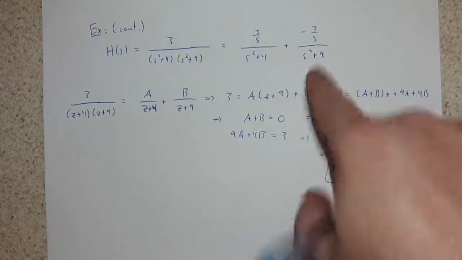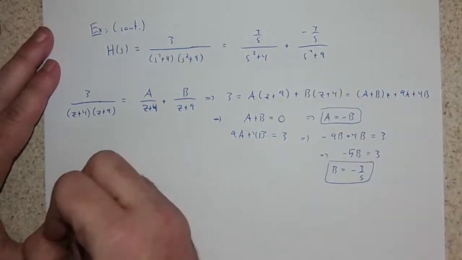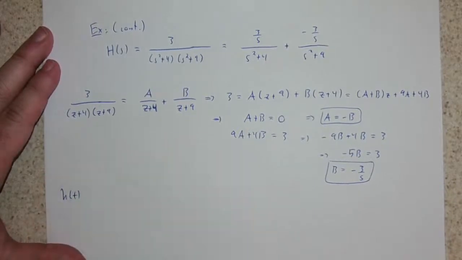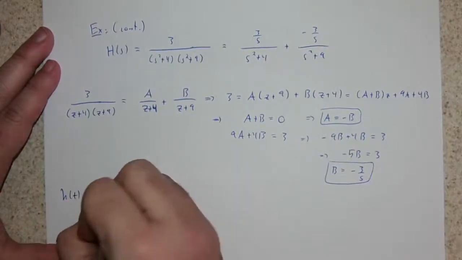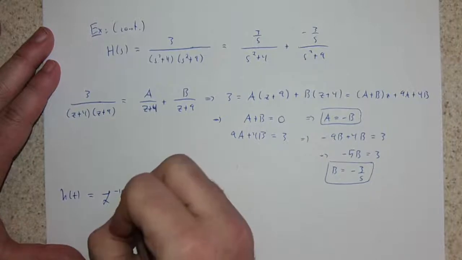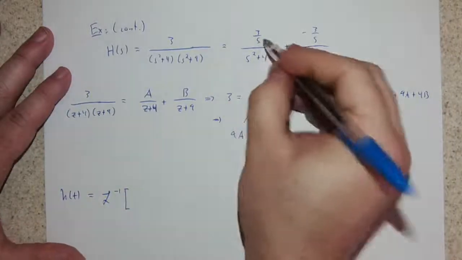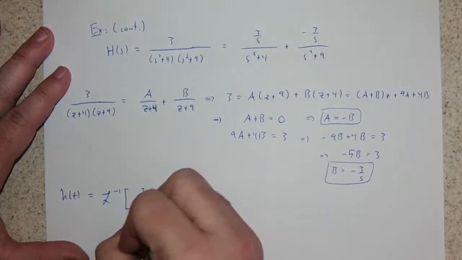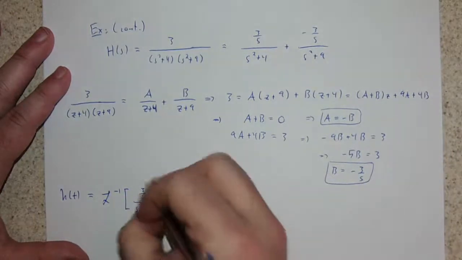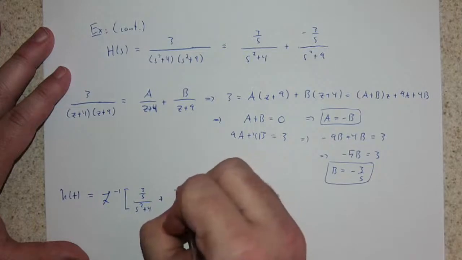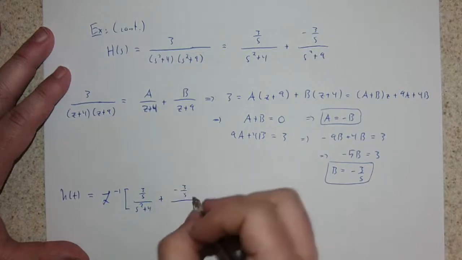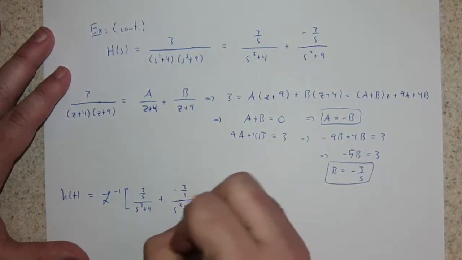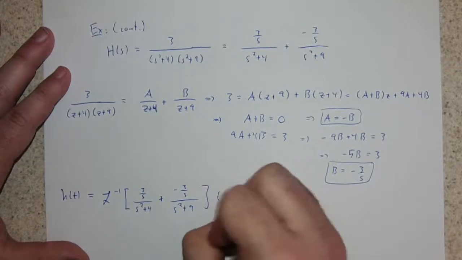Okay, and so now I want to compute little h of t. And little h of t is the inverse Laplace transform of big H, which is the inverse Laplace transform of 3/5 over s squared plus 4 plus minus 3/5 over s squared plus 9, of t.